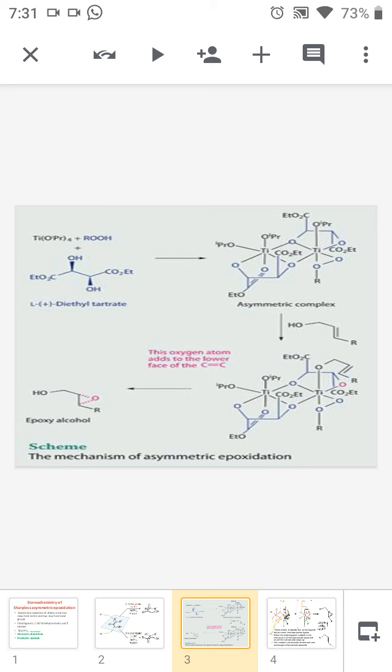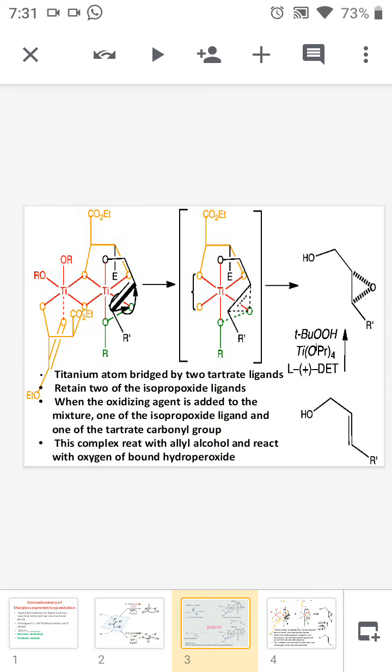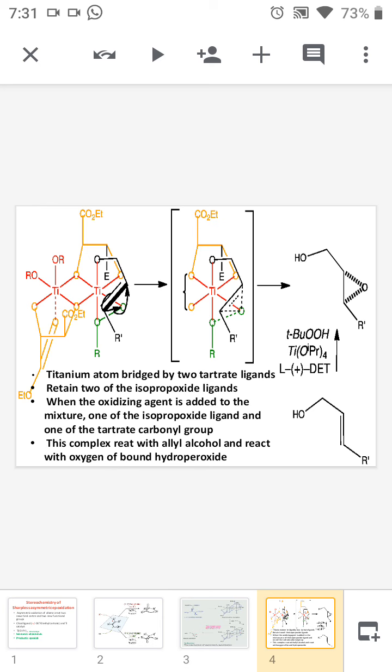Now again it is clubbed with the other titanium complex. So this is the final structure of the catalyst, and if the allyl alcohol approaches the chiral catalyst, one of the isopropoxides is removed, and this is the actual structure of the chiral catalyst.